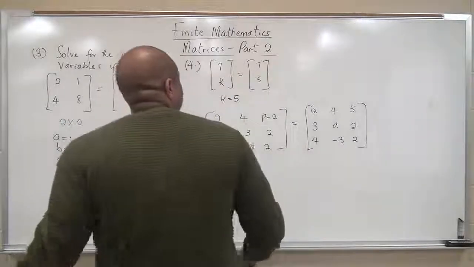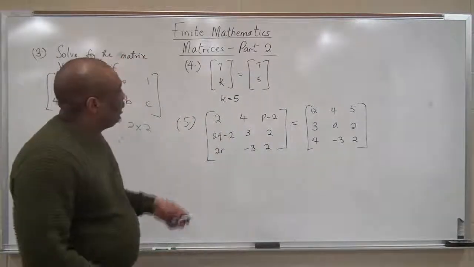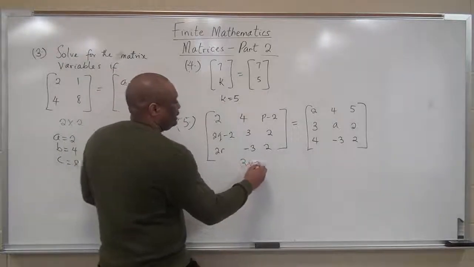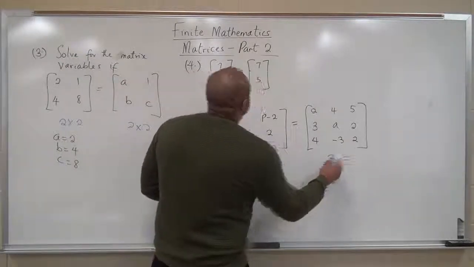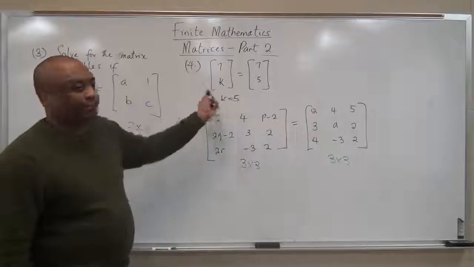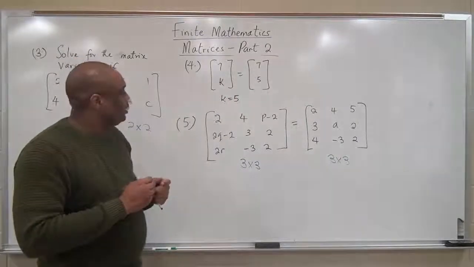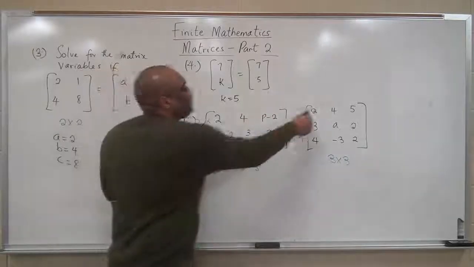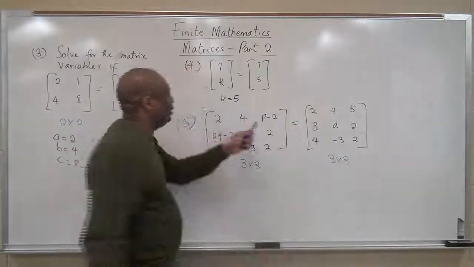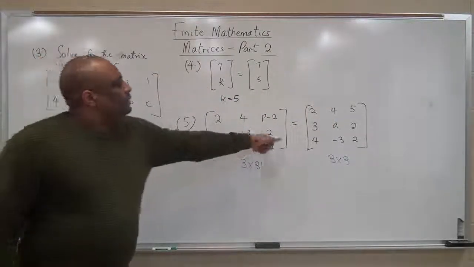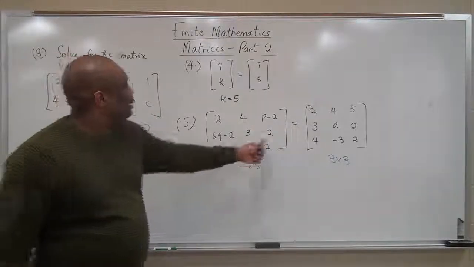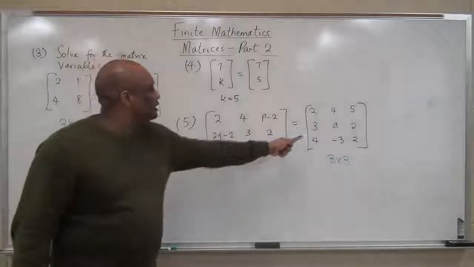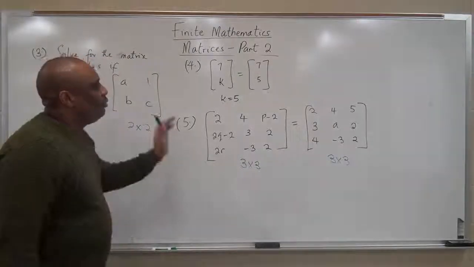Okay, so how do you solve it? This is a 3 by 3, which is good. This one is 2 by 1, 2 by 1. This is 2, 4, which is good. This is 3, 2. This is 2, which works. And this is negative 3, 2. Okay, so how will you find it?